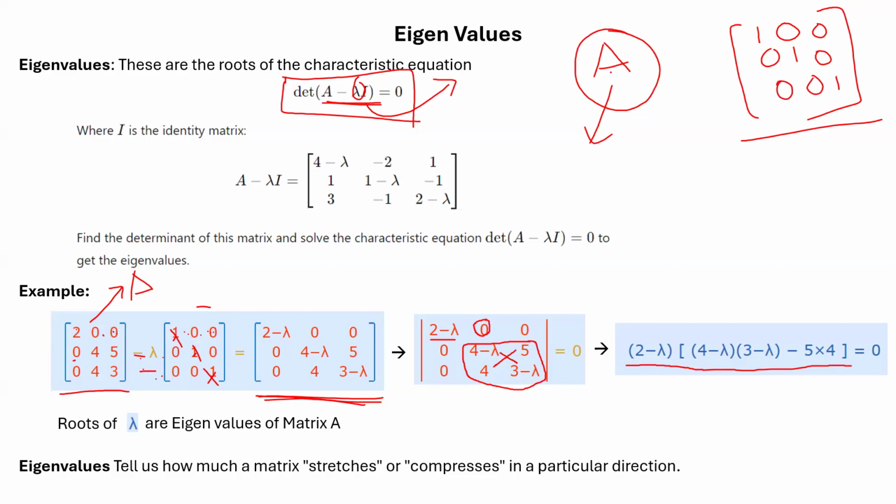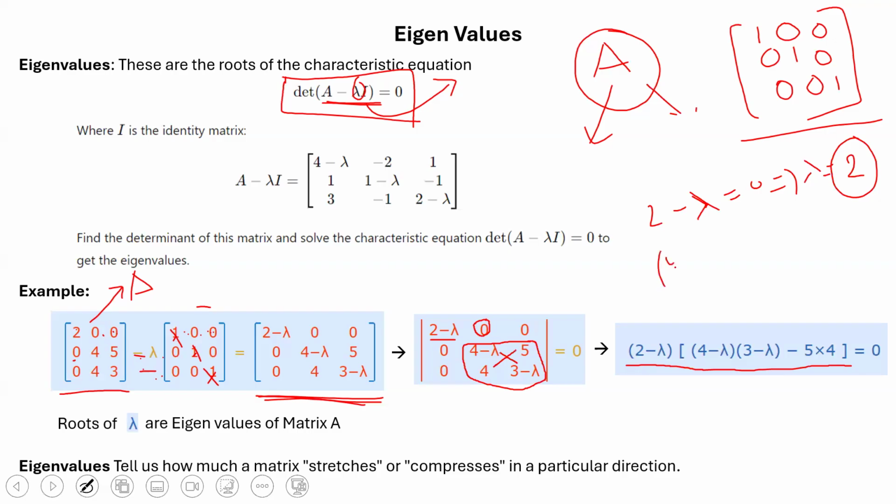So 2 minus lambda is equal to 0, so lambda becomes 2. So 2 is an eigenvalue of this matrix A. And then 4 minus lambda into 3 minus lambda minus 5 fours are 20 is equal to 0. Just calculate the roots of this.